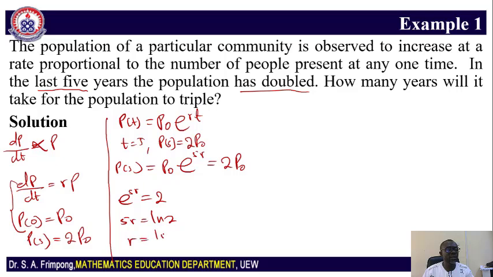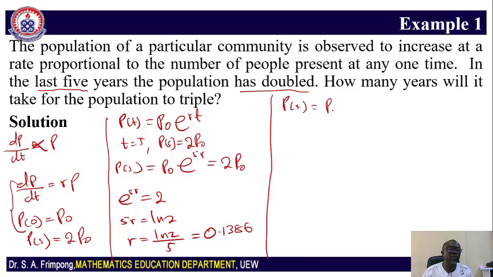Therefore R is ln 2 over 5, which when solved, we are going to get 0.1386. So that is the rate, the birth rate. So our P(t) can now be written as P naught e raised to the power 0.1386t. So that's the population model.